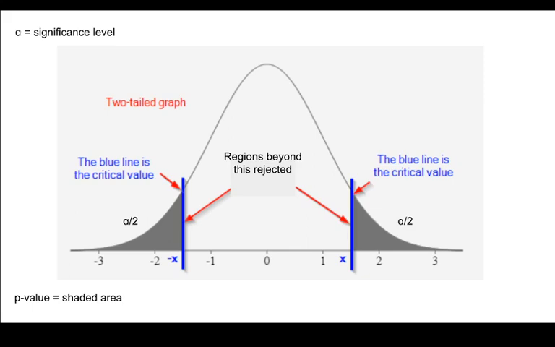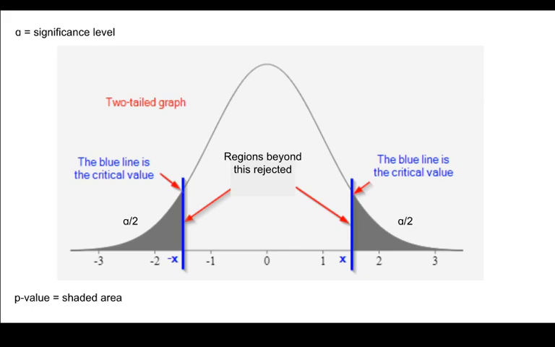So if we have this kind of thing, and we have a critical value, the critical value is going to be determined using the critical value from the distribution.